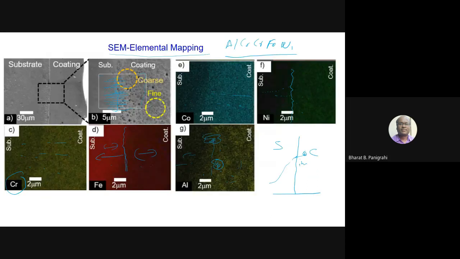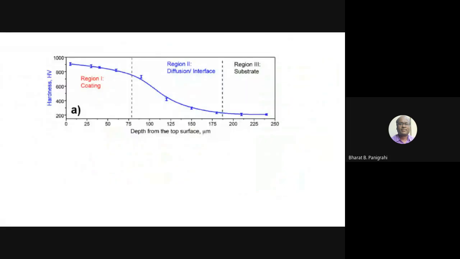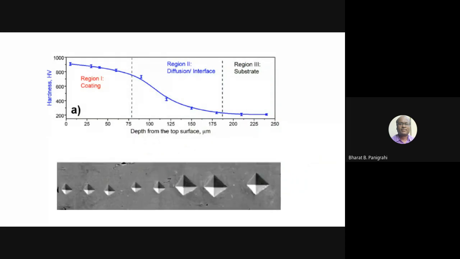And if you look at their hardness profile, now you can see the cross-section hardness profile. When you look at the cross-section hardness profile, this is a simple microstructure. This is the base material side, substrate side, which has a lower hardness, meaning when you do the indentation, this is the Vickers hardness. I hope you all are aware of what Vickers indentation is.